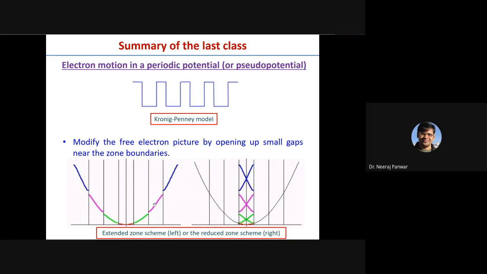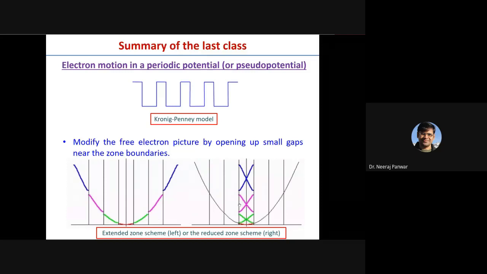Due to the translational symmetry possessed by the underlying lattice, the E-k diagram will also possess translational symmetry. This means that we need not worry about higher zones, and we can transfer the higher zones into the first Brillouin zone with the help of suitable reciprocal lattice vectors.